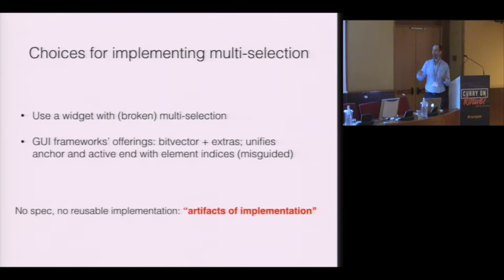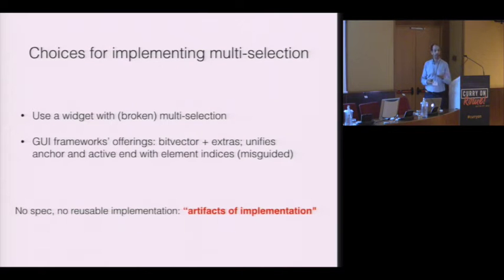They give you some tools to build a selection, but it really is a kind of glorified bit vector. They talk about notions of a cursor or an active end and an anchor and things like that, and a lot of functions to manipulate those, but nothing really that tells you how you should be manipulating them. And there are some really, I'm not going to go into that, but misguided design decisions as well. So there's no spec and no reusable implementations.